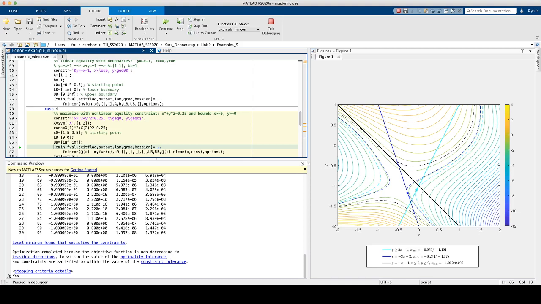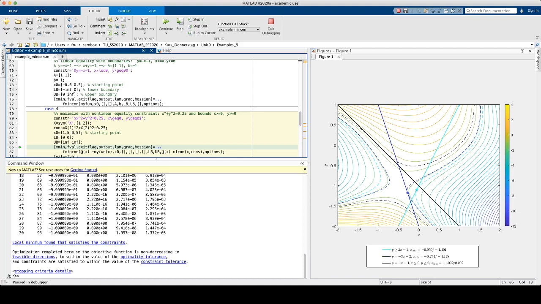Well, in the last but one argument, we have to specify a function handle. In this case, I've called the function nlcon, and now let's have a look at the function nlcon.